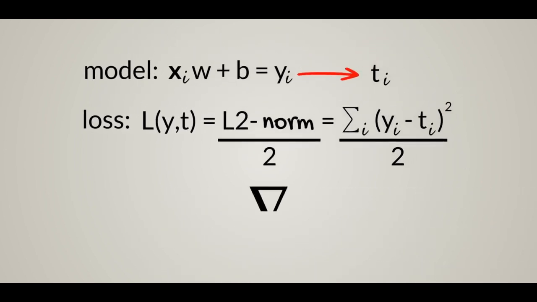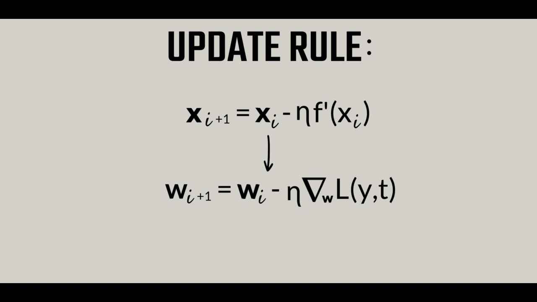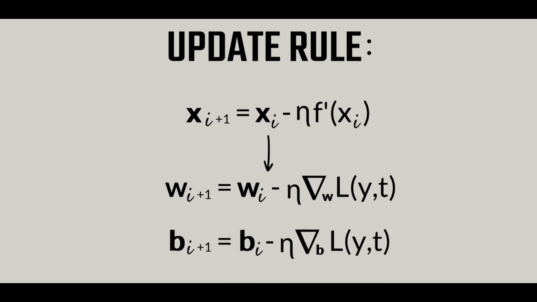Make sure you remember what the gradient is, and let's start working in the multidimensional space. To perform the gradient descent, we need old beliefs, which will be updated on each step. Remember? Well, the update rule. xi plus 1 equals xi minus eta times the first derivative at xi becomes wi plus 1 equals wi minus eta times the gradient of the loss function with respect to wi for the weights, and bi plus 1 equals bi minus eta times the gradient of the loss function with respect to bi for the biases.